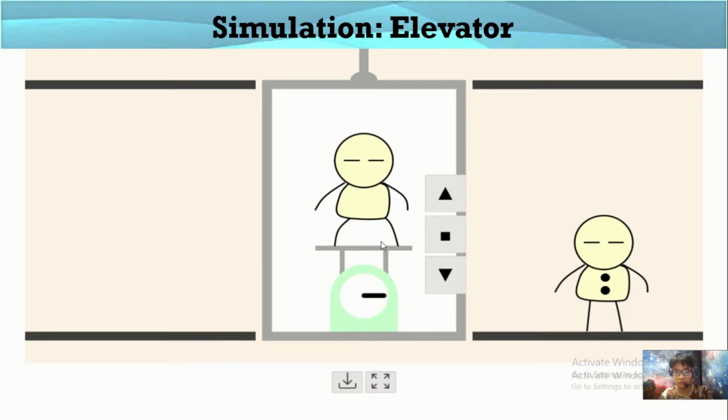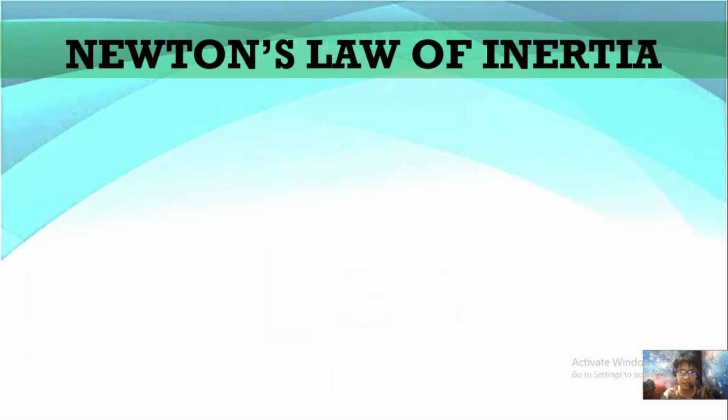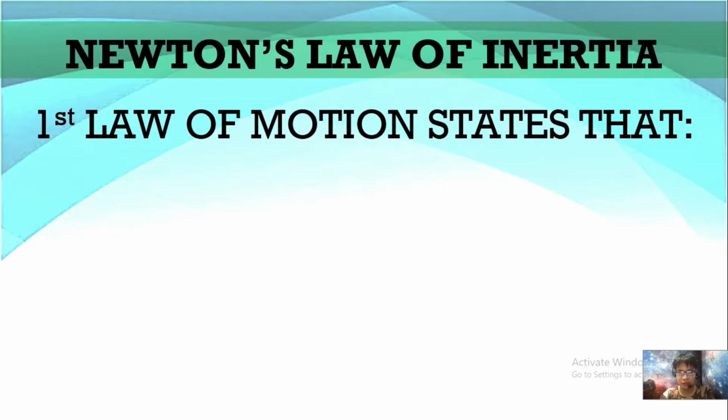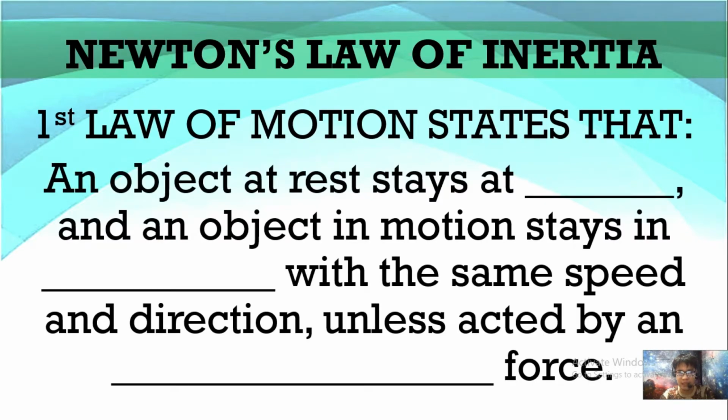Okay. So now let's continue with some recap of what we had discussed about the law of inertia as of now. So the first law of motion states that an object at rest stays at blank and an object in motion will stay in blank with the same speed and direction unless acted upon by an blank force.